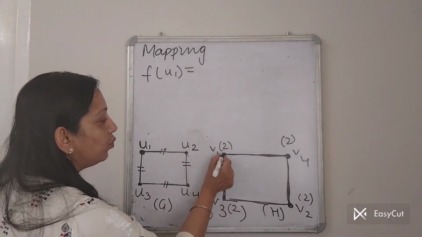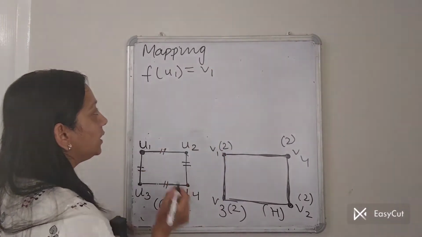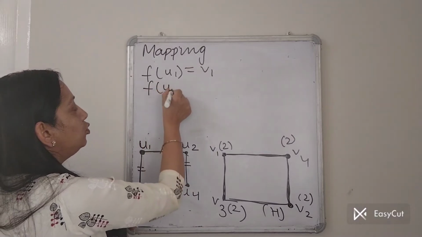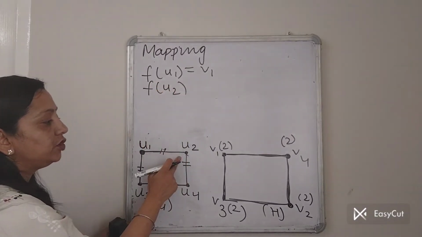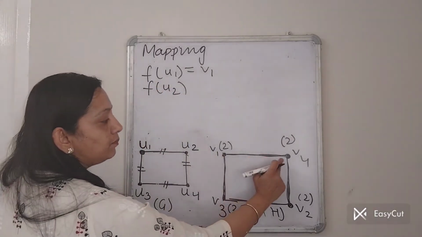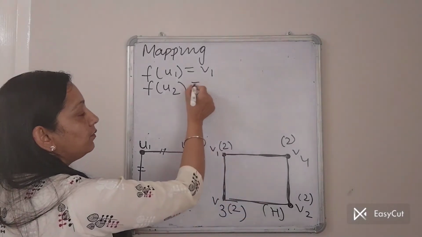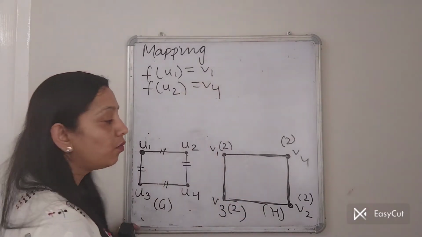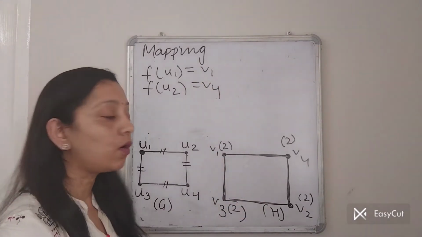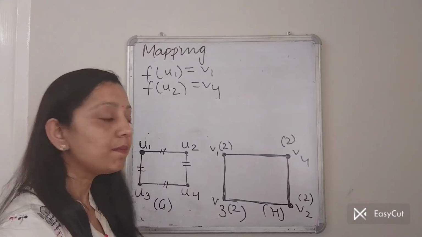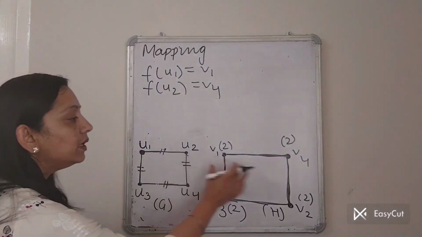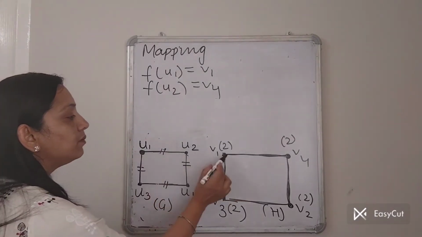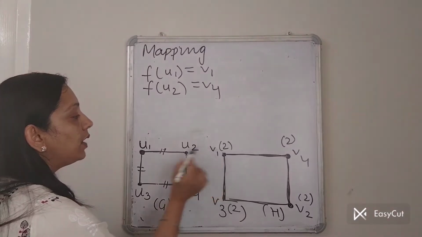It can be mapped to vertex V1, right? If I look at vertex U2 of graph G, it can be mapped to vertex V4. We are looking for corresponding vertices. Only corresponding vertices can be mapped.